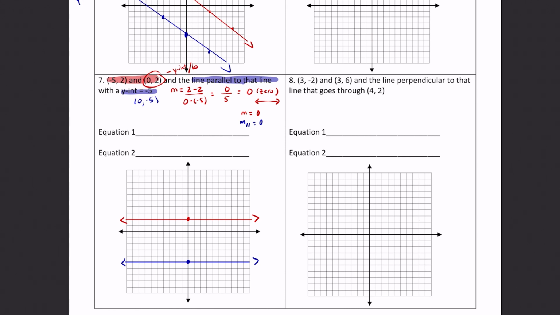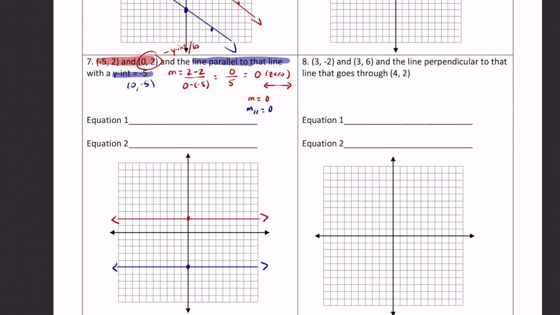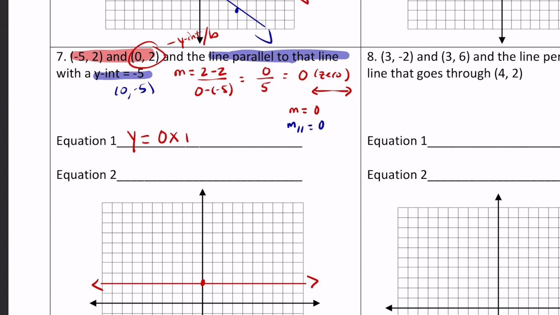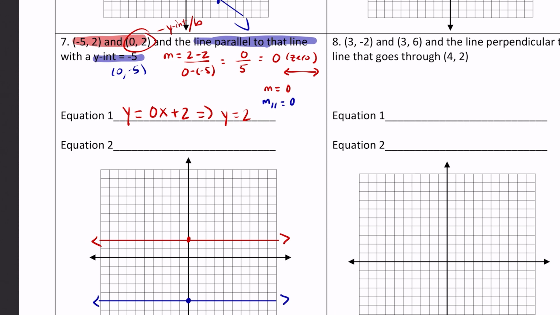Okay, then we're going to graph. So basically, we know the equation, y equals mx plus b, right? So for the red line, y equals 0x, then my y-intercept over here is +2. Let me make that look nicer. It's basically y equals 2, right? 0 times x is just 0, so I can get rid of that. So it's going to be y equals 2.